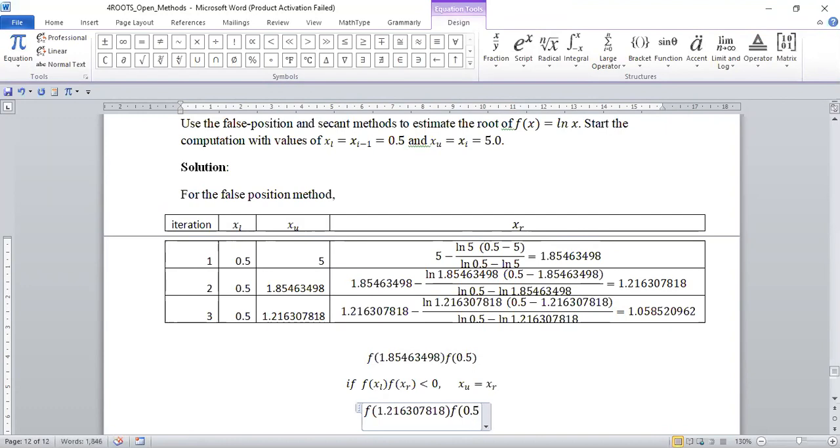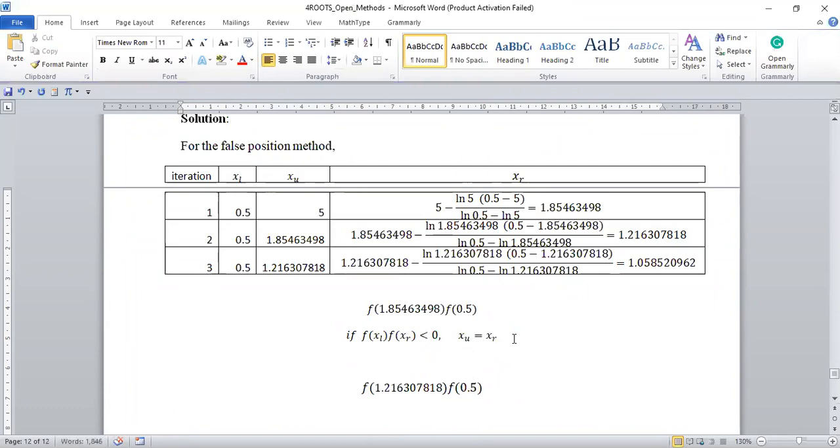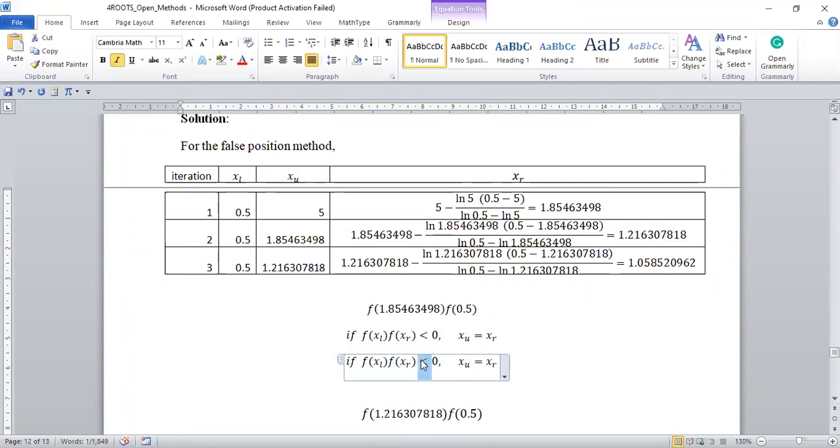After doing this evaluation, you test: if it is less than 0, you replace the upper limit with this new xr you've calculated. But if it's greater than 0, you replace the lower limit with xr.